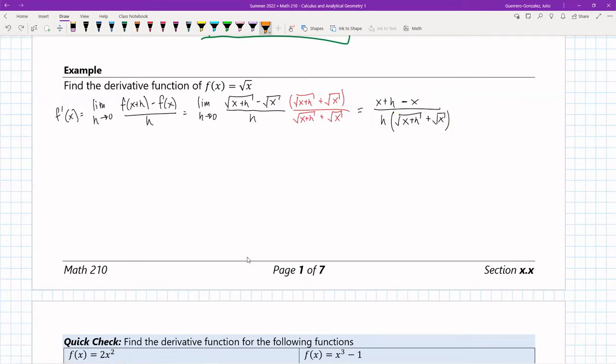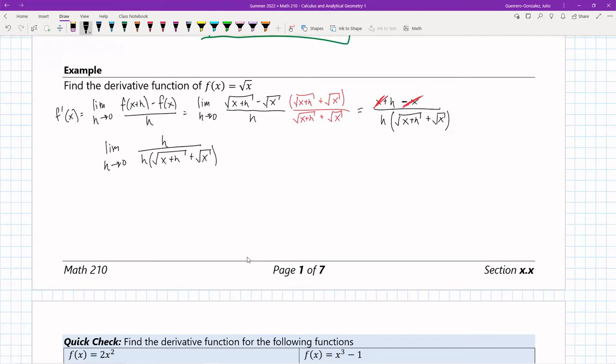Okay, now what happens here, the positive x and the minus x, they go away. So I get left with the limit as h approaches 0 of h over h times the stuff that I just multiplied, the square root of x plus h plus the square root of x.